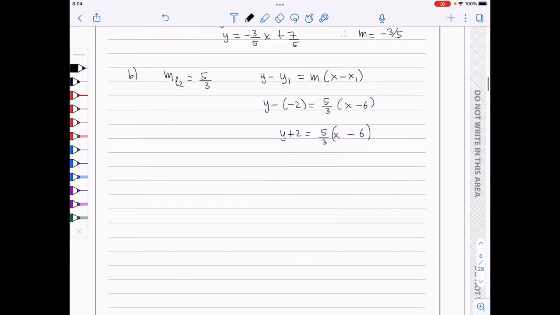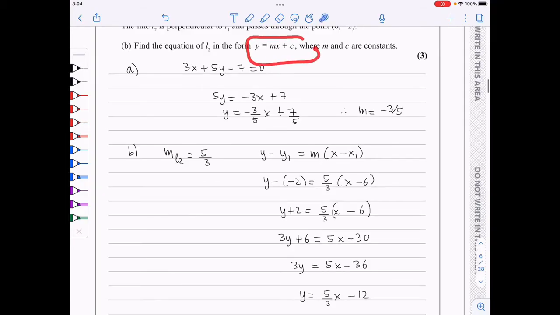I will cross multiply. 3y plus 6 is 5x minus 30, expanding on the right hand side, which means that 3y is 5x minus 36. And if I divide throughout by 3, I get y is 5 over 3 x minus 12. I had to give my answer in the form y equals mx plus c, so be careful to match the form of the answer requested.